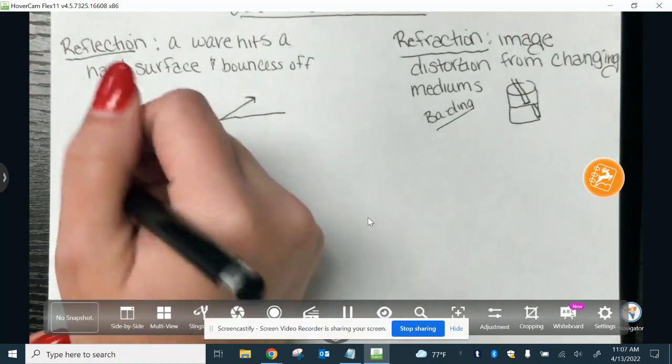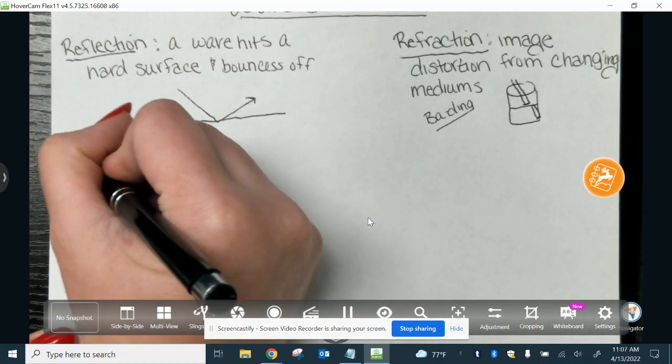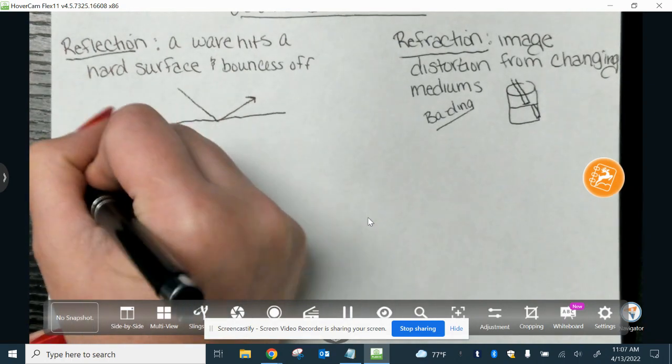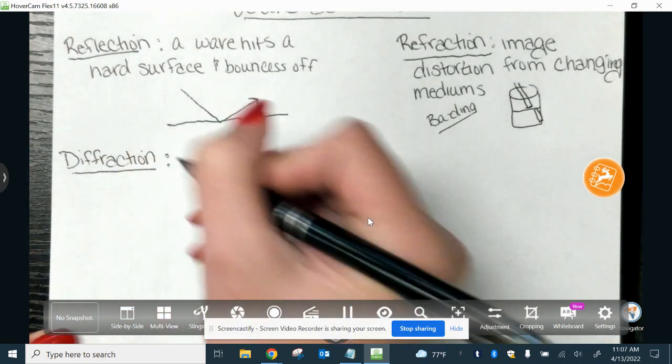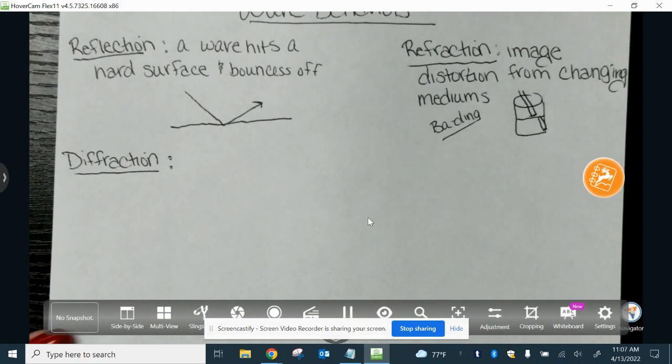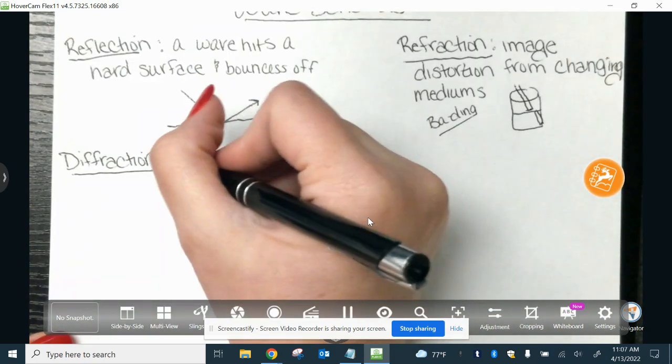The next one's going to be diffraction. Is that where it splits? It's when it bends around something.